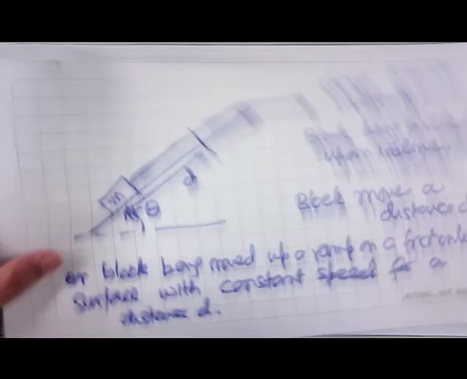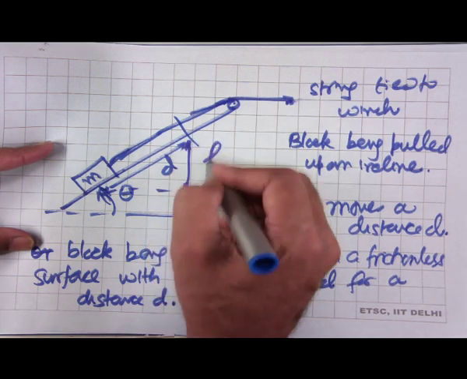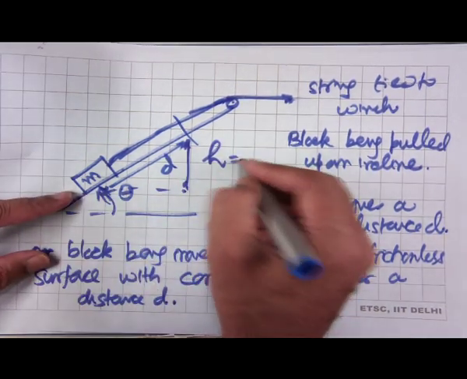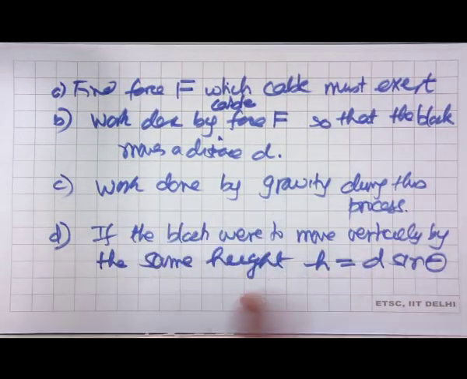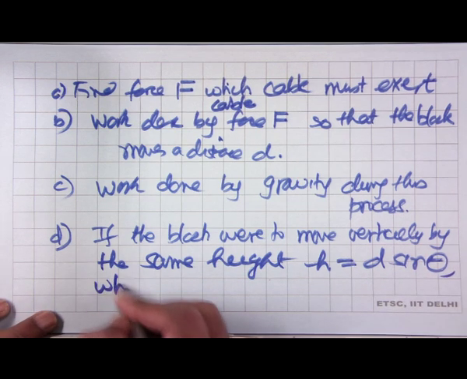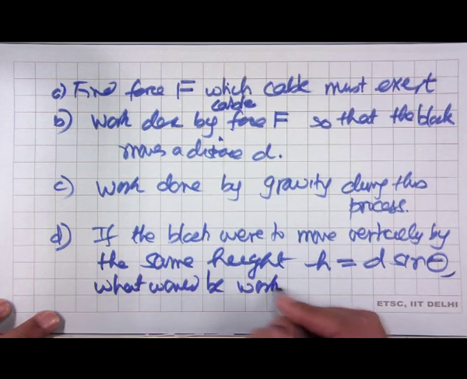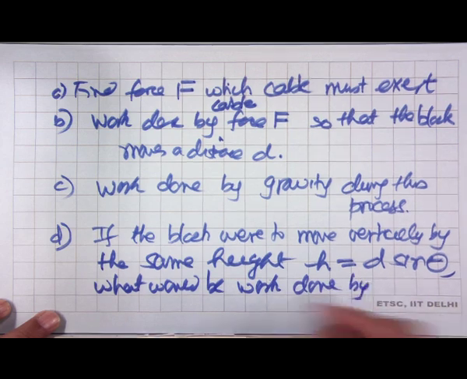The vertical height the block moves up is d sin theta. So, if the block were carried up by a height h equal to d sin theta, what would be the work done by gravity?